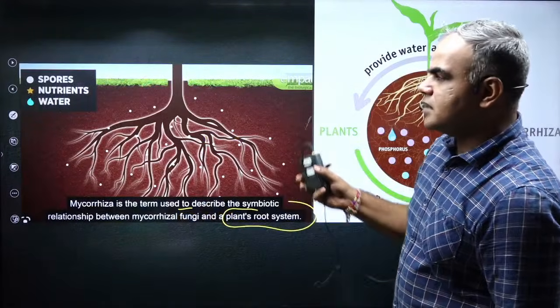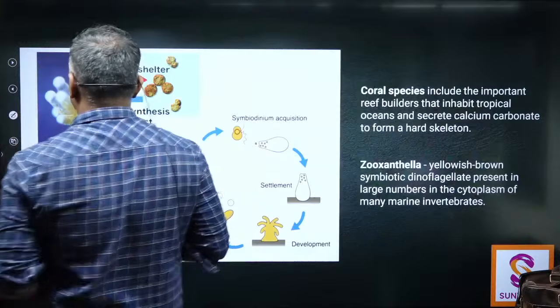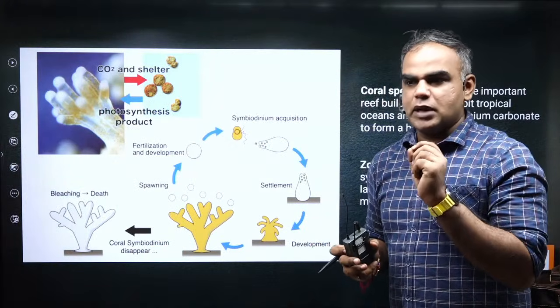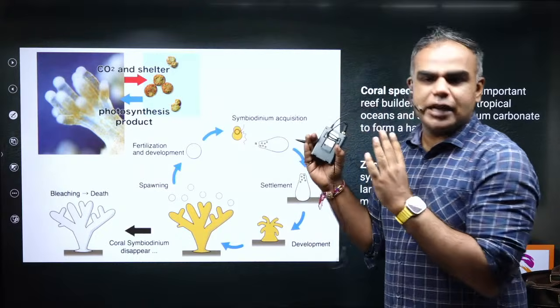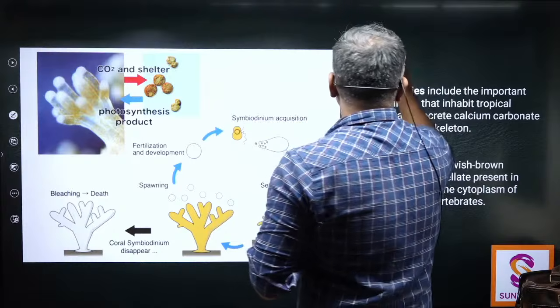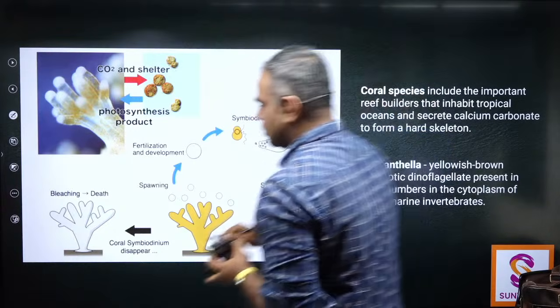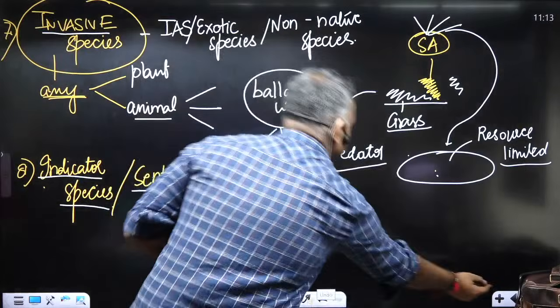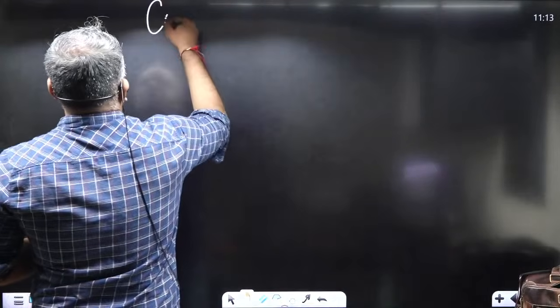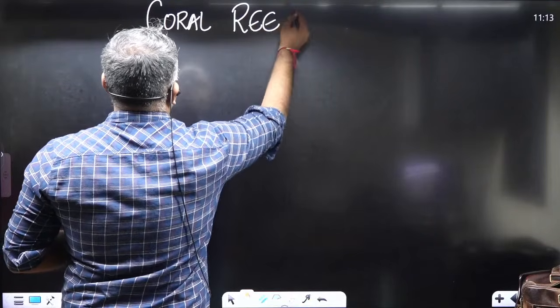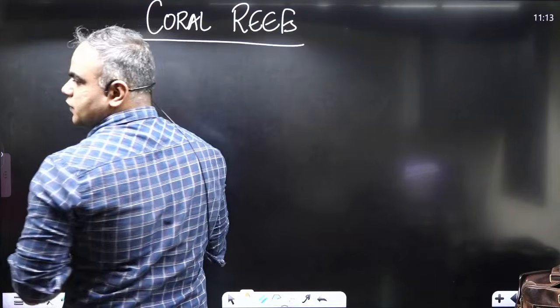Now, one last example is corals. Coral reef, again I'm telling you, is a separate chapter when we do aquatic ecosystems, but in very brief I'll tell you. Okay? देखो दो terms हैं यहाँ पे. Coral species, coral reefs, right?